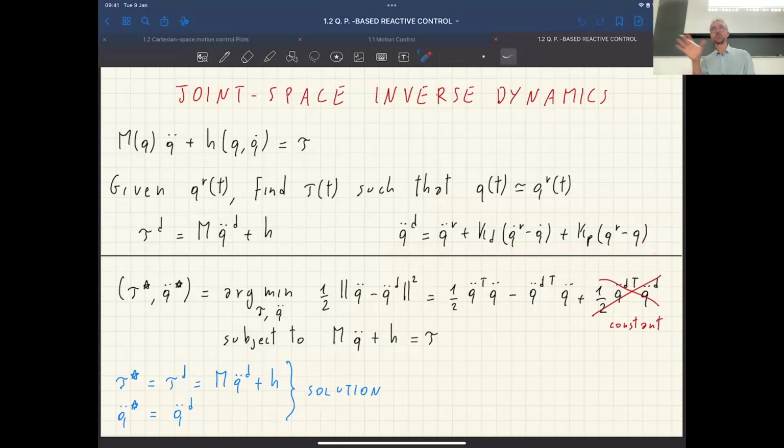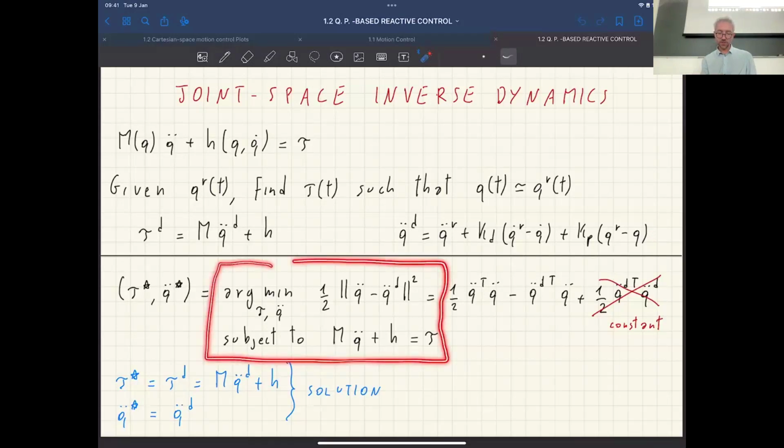Nothing new here, just reviewing something we have already seen. The new part is coming after. So what I'm going to show you right now is this optimization problem here.